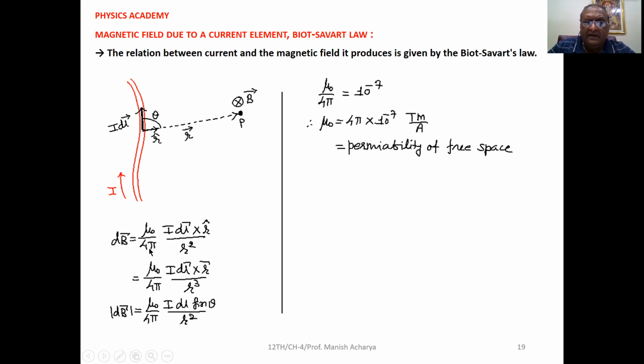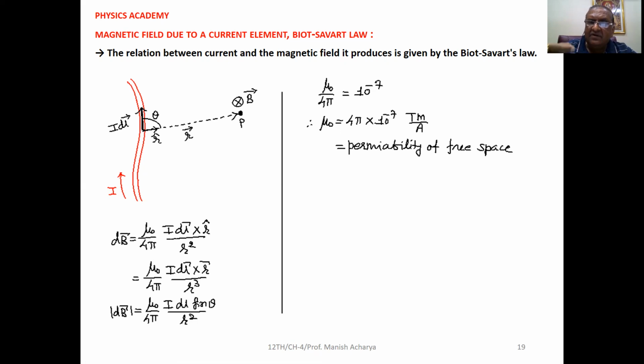Here, this constant mu0 upon 4 pi is equal to 10 raised to minus 7. So mu0 is 4 pi into 10 raised to minus 7 Tesla meter per ampere, and this mu0 is called the permeability of free space.